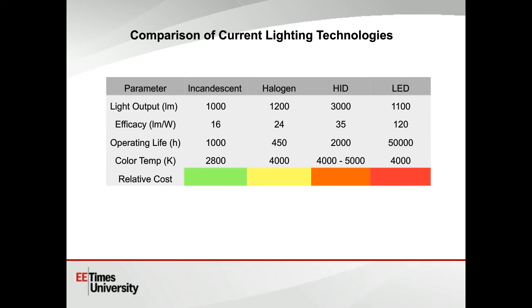You can also see that the color temperature for LEDs is as good as HIDs. In fact, LEDs can be made, as we all know, with a range of colors. First ones that came out were red and green, and then white LEDs and blue LEDs followed along later. And then at the bottom, we have the relative cost from cheapest incandescent to LEDs at the most expensive.